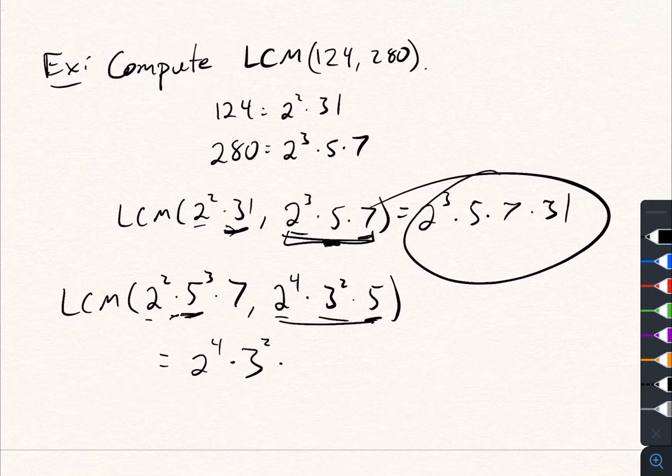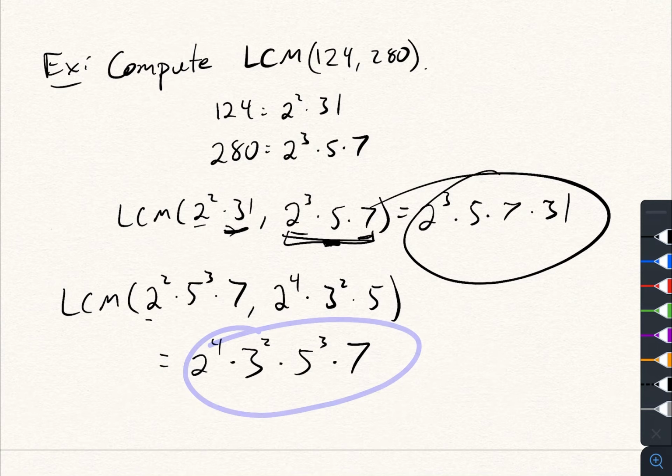It has to be a multiple of 5 cubed and a multiple of 5. So let's pick the bigger one, so 5 cubed. And then 7 is the last prime that appears here, so I'll just put a 7 here, 7 to the first, because there's no 7s in the second number here. Okay, so this is our least common multiple.